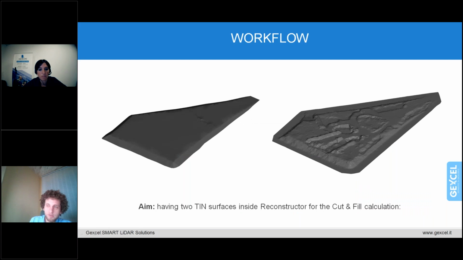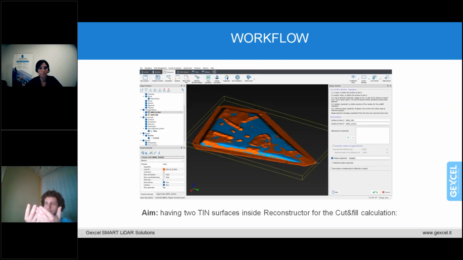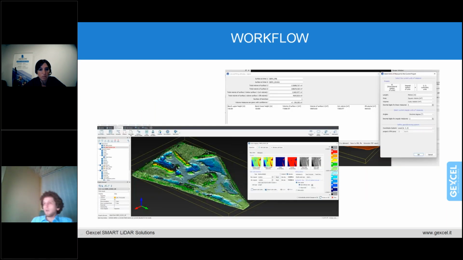You can see the previous state on the left side and the current state on the right side. You can just one-click align the two meshes on top of each other, and with one button, tell Reconstructor how many cubic meters we have above and below the previous state.